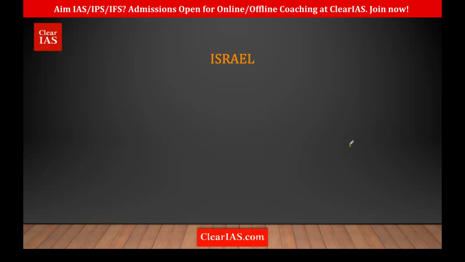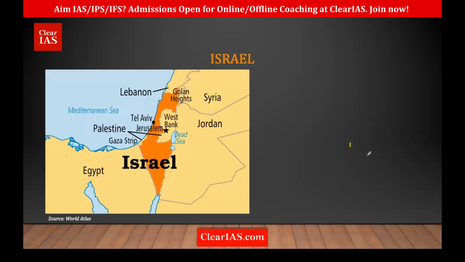Okay. So the next region we'll be talking about is Israel. So this is Israel. This is also one of the favorites. So we have Golan Heights here. Then we have Lebanon, Syria, Jordan, Egypt. So remember this word, jealous.